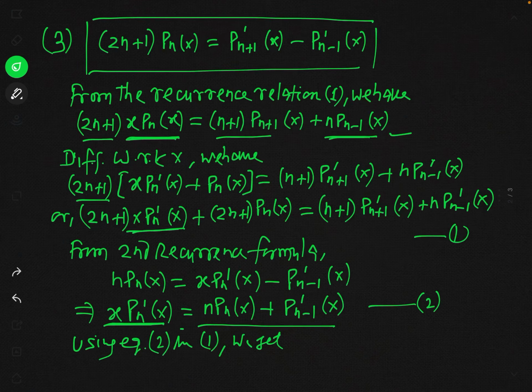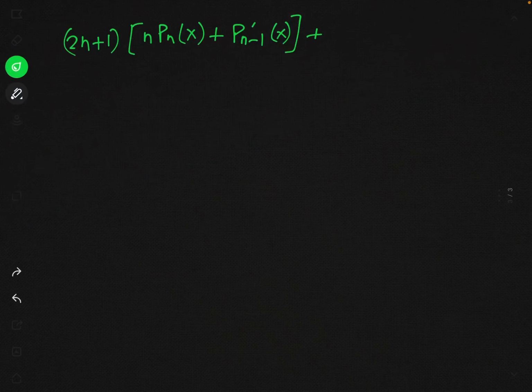The next term is 2n plus 1 into Pn of x. So this will be plus 2n plus 1 into Pn of x, and that is equal to what?